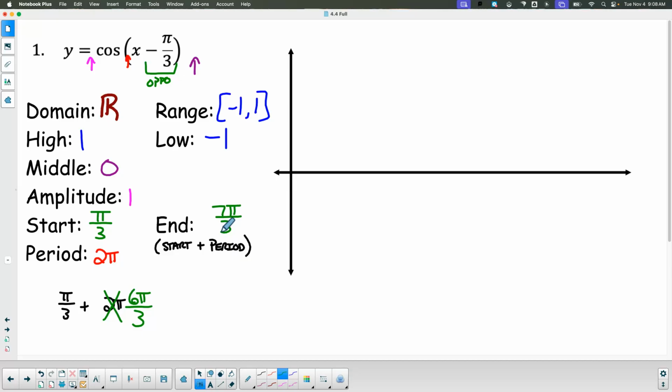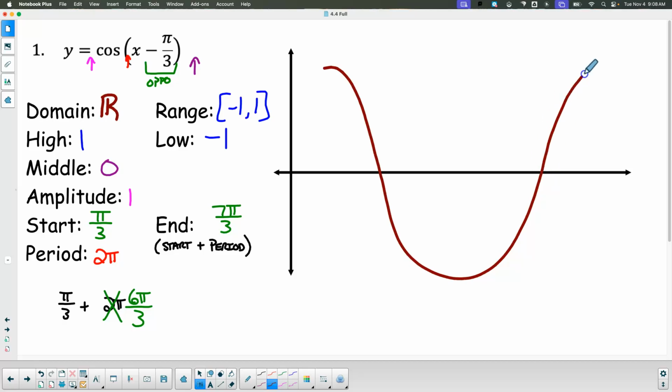Regular cosine curve, agree? Not flipped over, agree? Okay, so a regular cosine curve starts up on high. Now, that's a regular cosine curve. Do you agree with that? I saw a lot of this on the formative, and I marked it wrong.